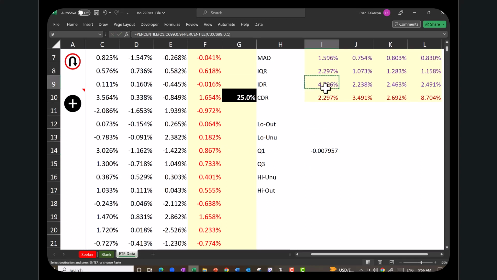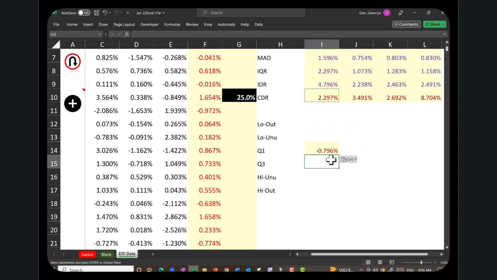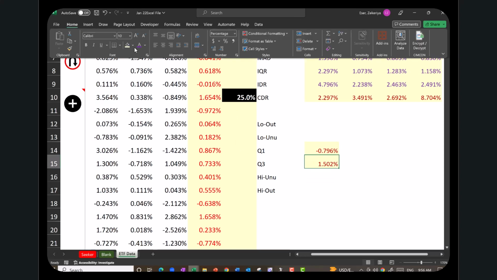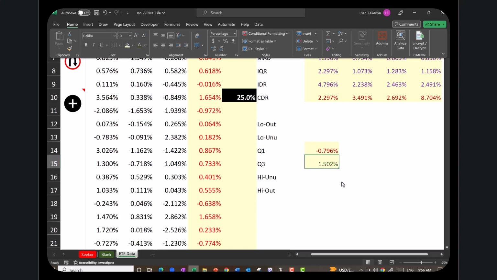Actually, I'm going to make red format of that. The reason I did that, I can easily change this into 3. And I'm going to make that green. Dark green.